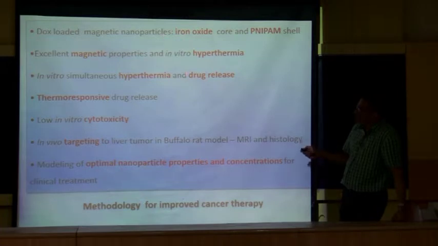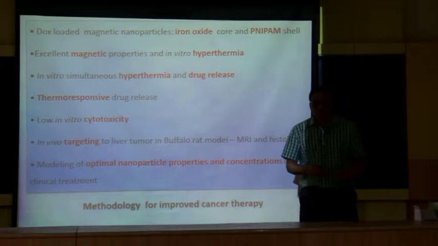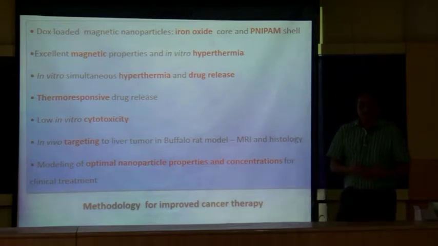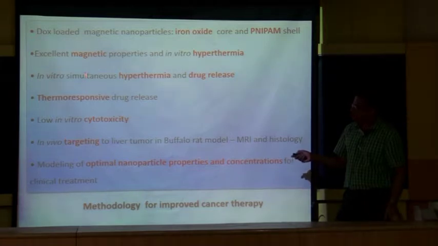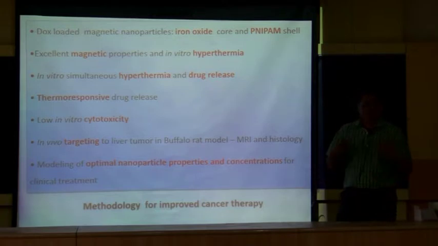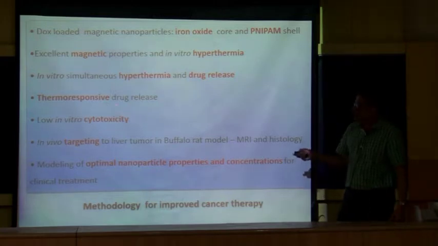We got excellent magnetic properties and we can accomplish hyperthermia, that is heating of the cancer cells. More importantly, we can achieve simultaneous hyperthermia and drug release from outside. So we can have triggered drug release, triggered treatment, thermoresponsive drug release.